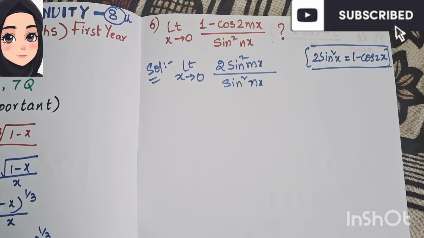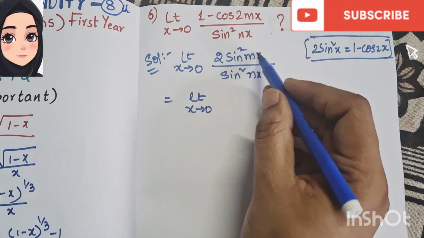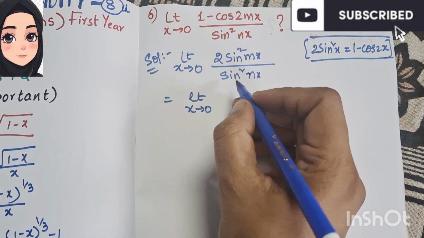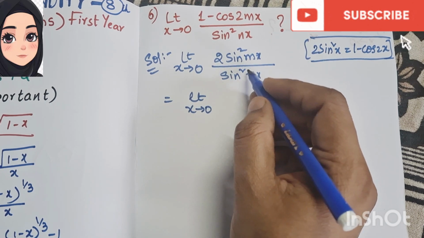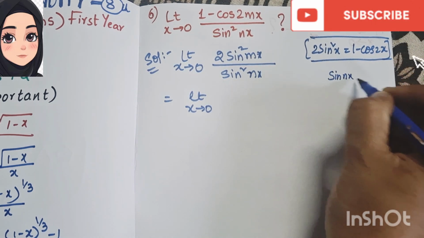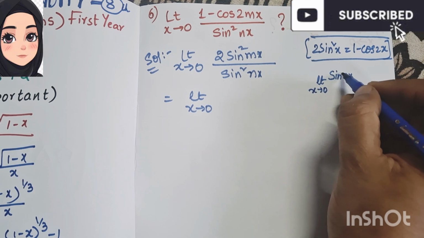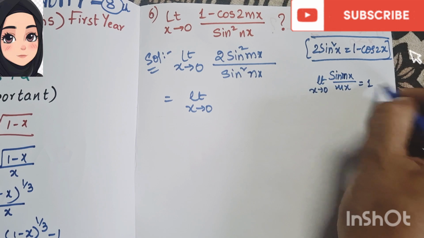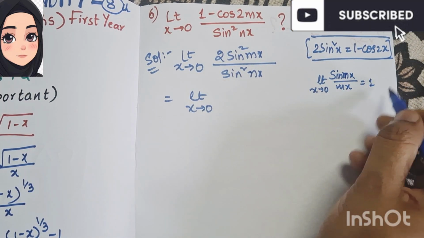Now limit x tends to 0, we have mx and nx. 2 sin square mx can be written as sin nx by, and we have to get it in this form, mx by mx equal to 1. So make this step as this formula.